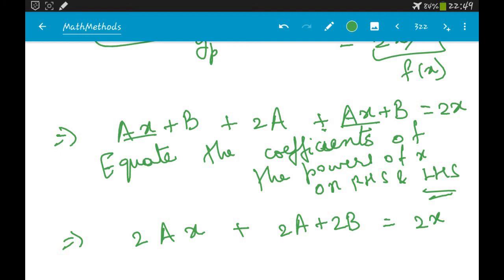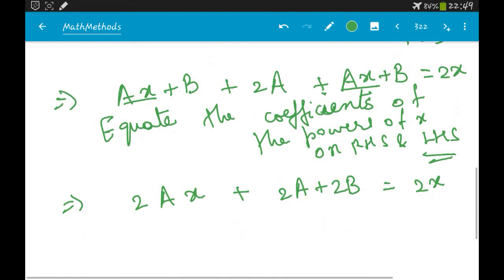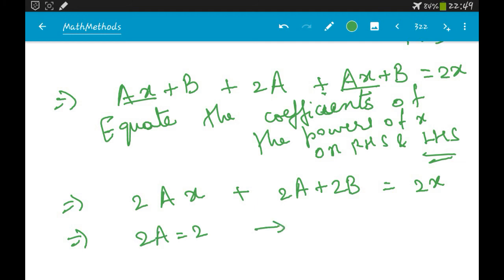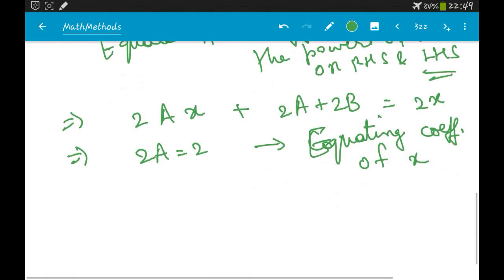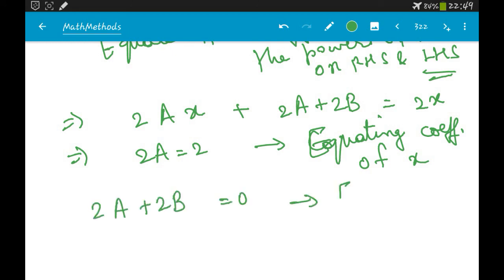Now what we'll do is we'll equate the powers of x. So for the coefficients of x, it is nothing but 2a is equal to 2. This is equating coefficients of x. And we have 2a plus 2b is equal to 0, equating constants.